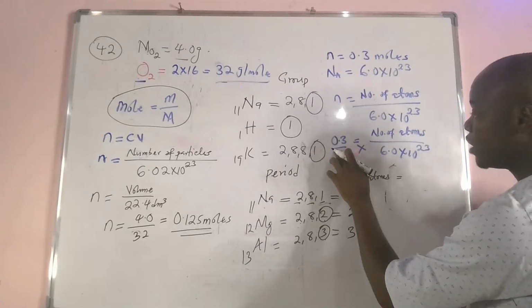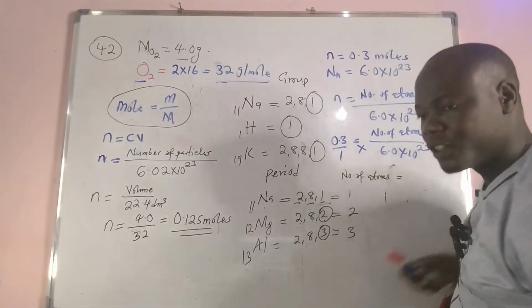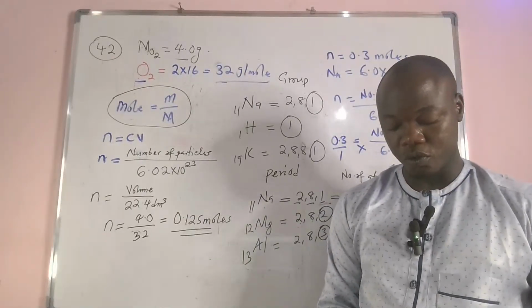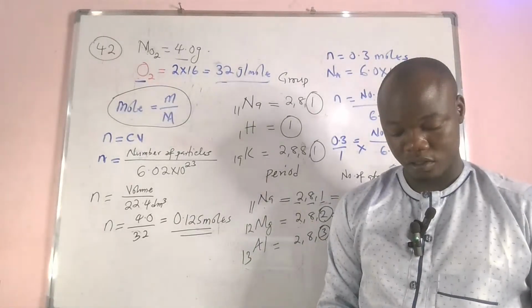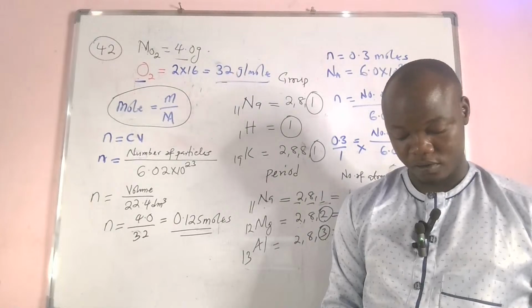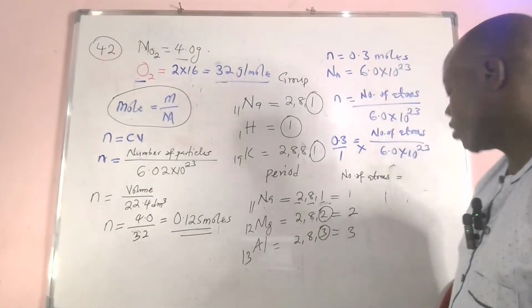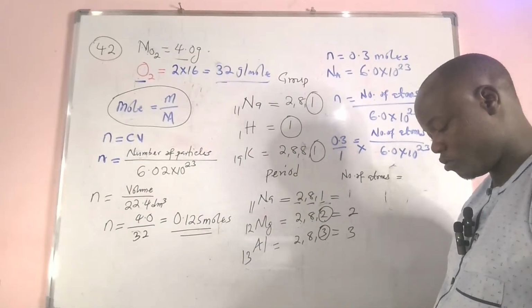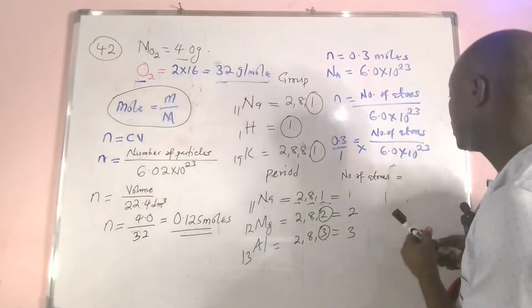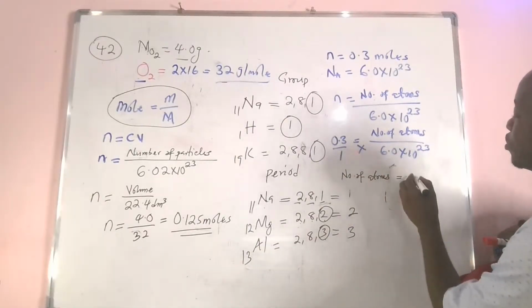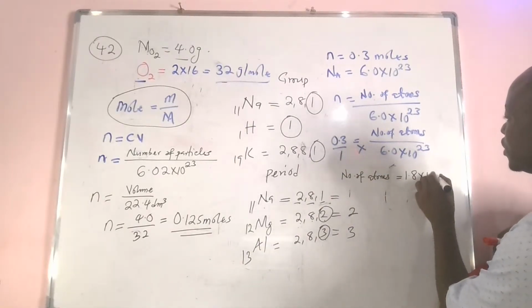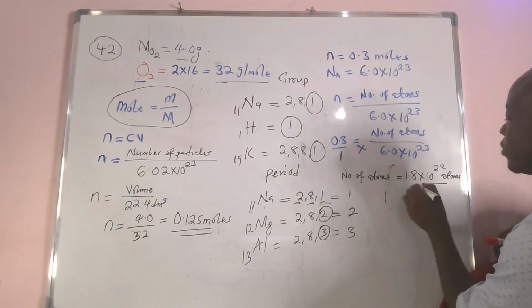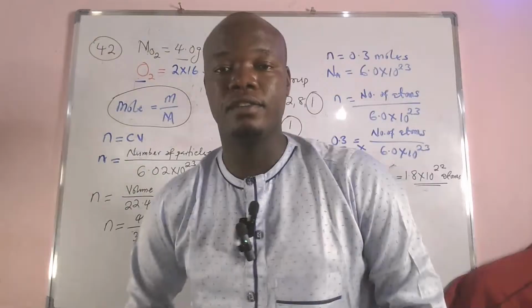Then we multiply 0.3 times 6.0. When we multiply this, it gives us 1.8 times 10 raised to the power of 23 atoms. These are the number of atoms that we have here.